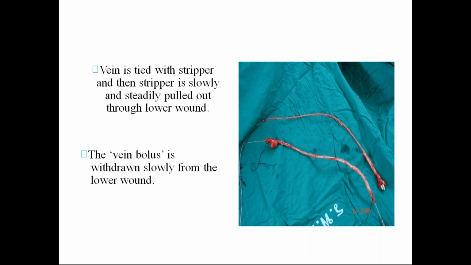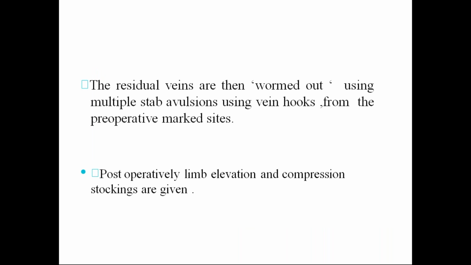The vein bolus is withdrawn slowly from the lower end. The residual veins are then removed using multiple stab avulsions using vein hooks from the preoperative marking sites. Postoperatively, limb elevation and compression stockings are compulsory.